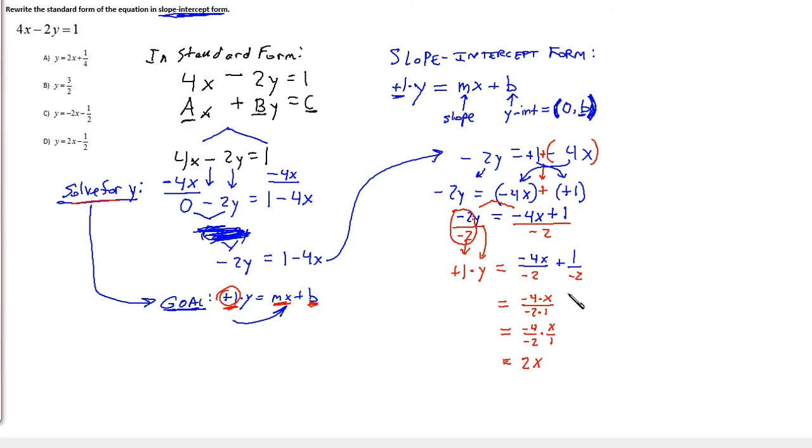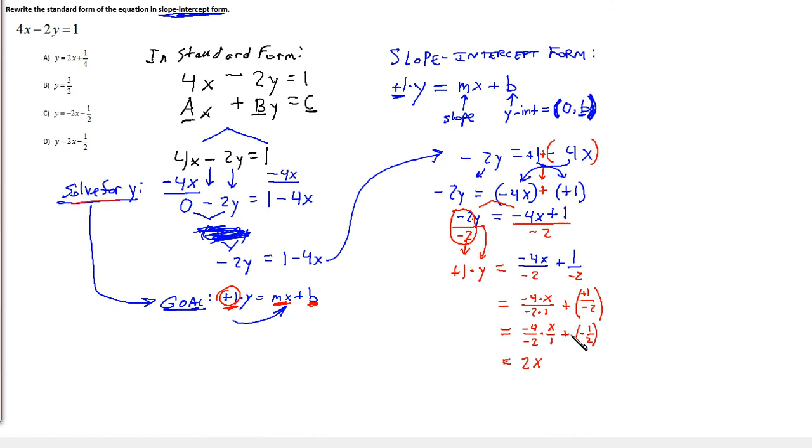Now let's go look at this fraction over here. I'm going to put it in parentheses, 1 divided by negative 2. Now, of course, the 1 is positive. The positive divided by negative is negative. And then we have 1/2, 1 divided by 2.